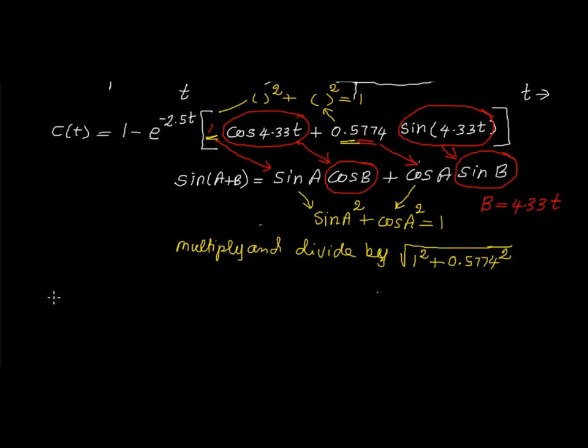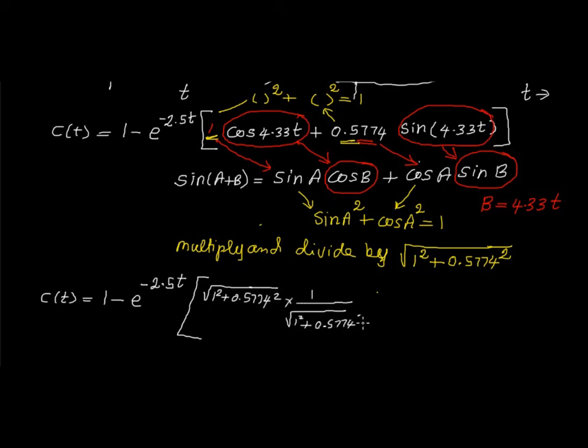So now we can rewrite this equation c of t as 1 minus e power minus 2.5t into multiply and divide by this term, square root of 1 plus 0.5774 square, and divided by the same term into cos 4.33t.